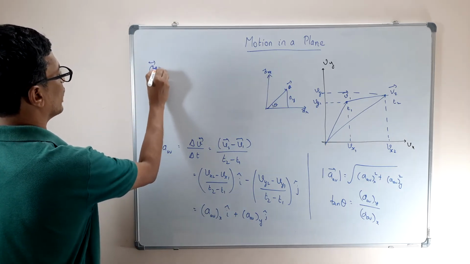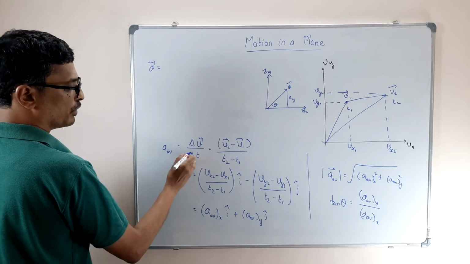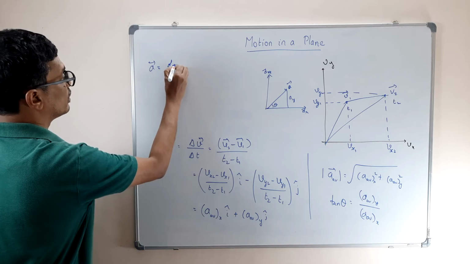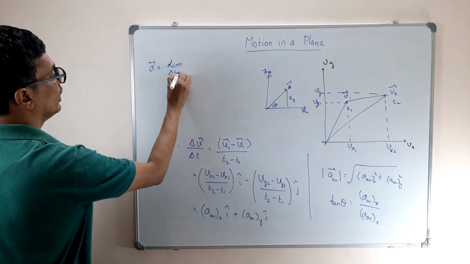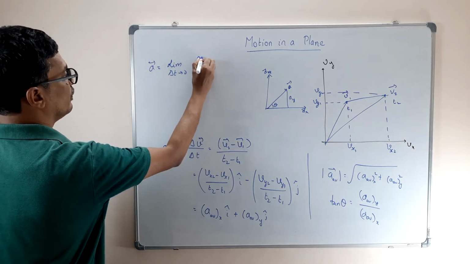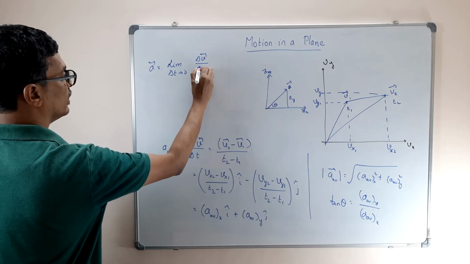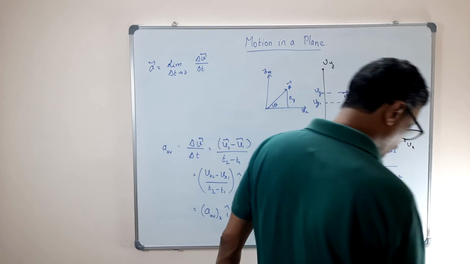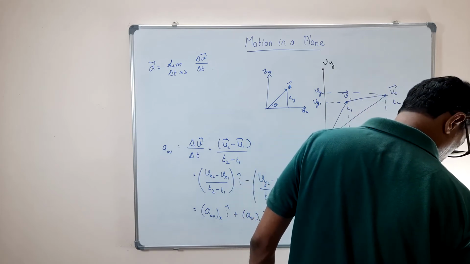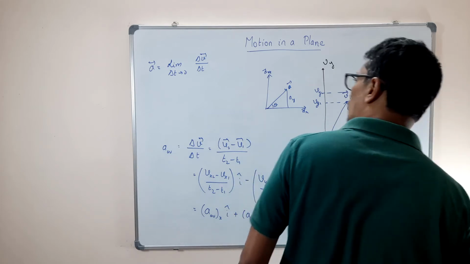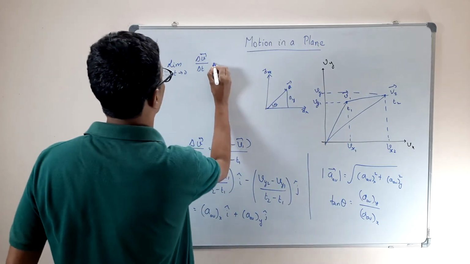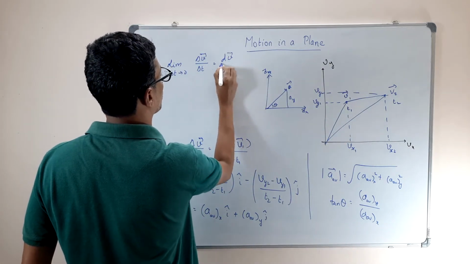Then for instantaneous, what happened? A vector will be equal to the same thing, but delta T should become 0. So the limit as delta T tends to 0 of delta V vector by delta T. This is what we call dV vector by dt.